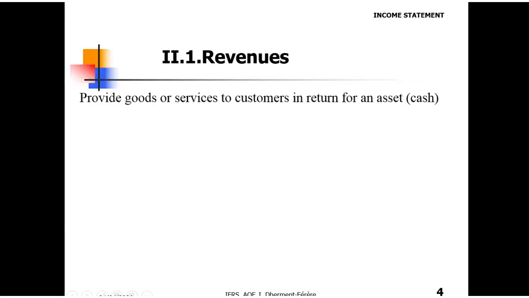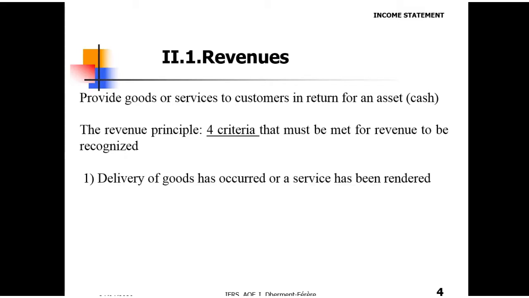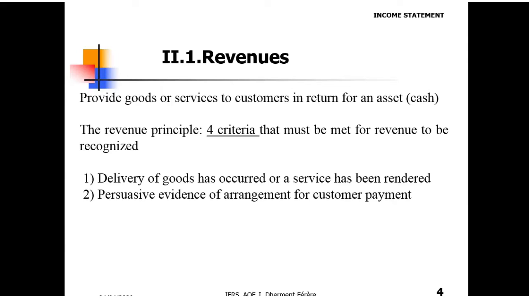Revenues provide goods or services to customers in return for an asset, cash. The revenue principle: 4 criteria that must be met for revenue to be recognized. 1. Delivery of goods has occurred or a service has been rendered. 2.